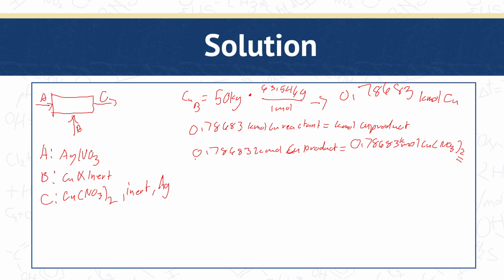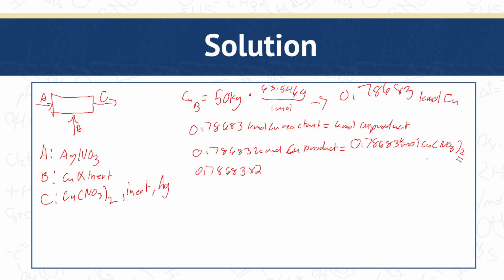So we know that per mole of copper nitrate, there are 2 moles of nitrate. So you have to take this original value of 0.78683 and times this by 2.